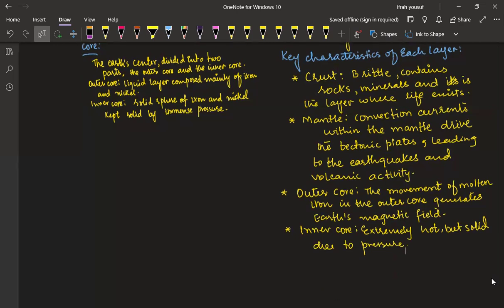So remember the purpose of understanding the layers: the structure of Earth is crucial for understanding geological processes like earthquakes, volcanic eruptions, and the formation of mountains. Okay, so that's why we have to understand the structure of Earth, since different layers have different compositions.